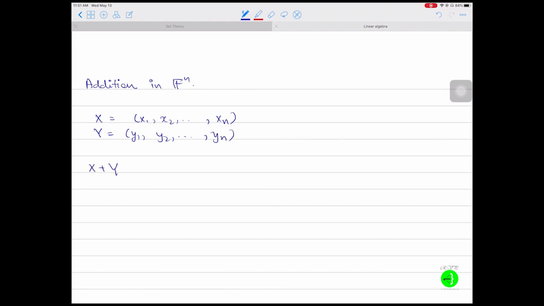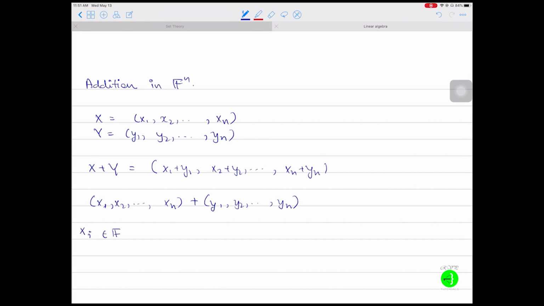Then the sum of these two lists, x plus y, will be the sum of each coordinate. So that means x1 plus y1, x2 plus y2, and so on till xn plus yn. And the proof of this is really simple. We have two lists, x1, x2 till xn plus y1, y2 till yn.